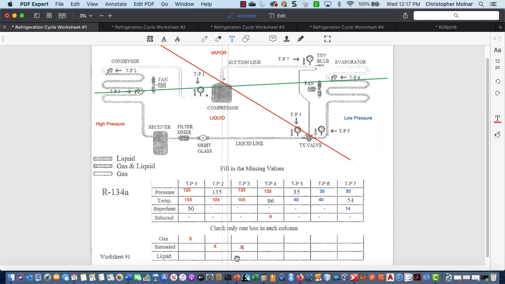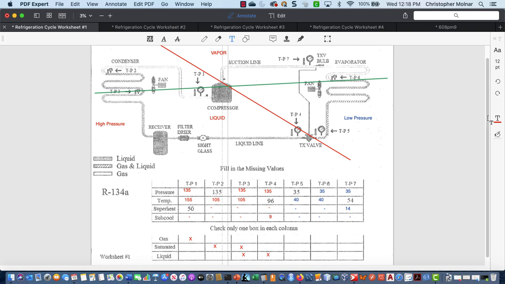And TP4 or TP3, you could either say liquid or saturated. It's sort of right at that line. So I will probably check both, because exactly where that line is is questionable. So we'll come down here and say both. TP4 going into my metering device, we hope it's a liquid. If it's anything else, we have a problem.